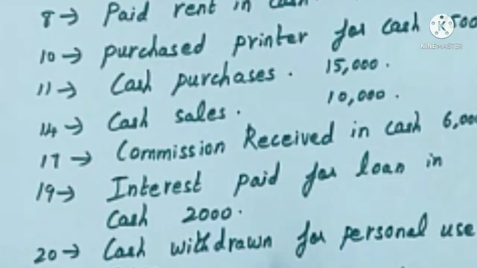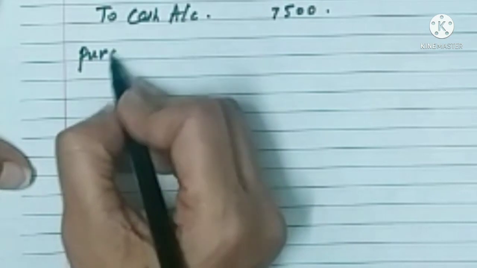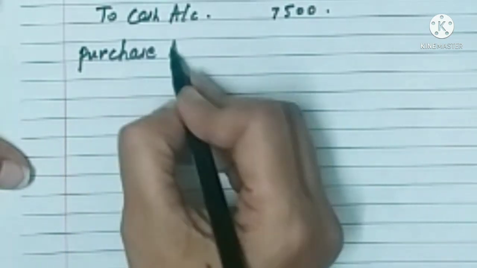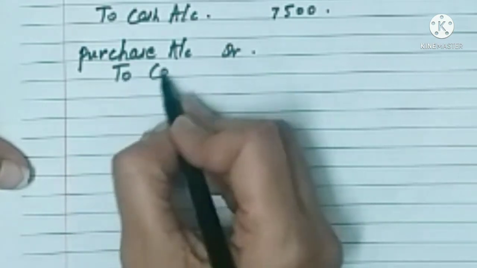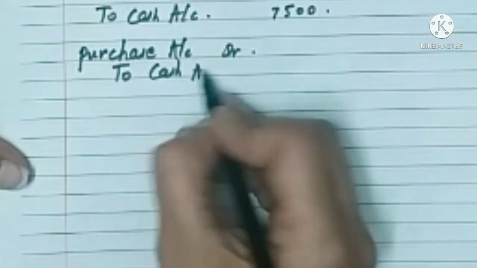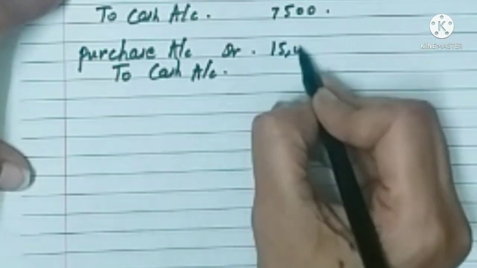Now let's see how to write the journal entry for this transaction. So the entry is purchase account debtor to cash account. Amount is rupees 15,000.